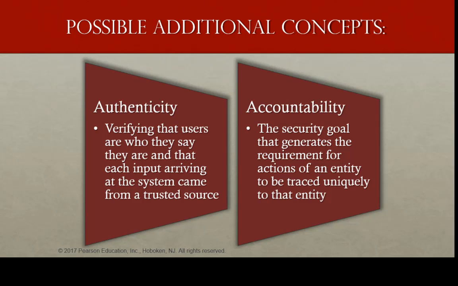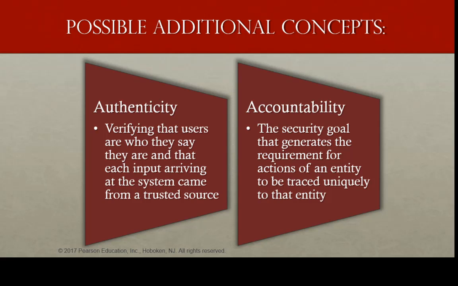Authenticity, which is being genuine and being able to be verified and trusted. Confidence in the validity of a transmission, a message, or a computer-based message originator. This means verifying that users are who they say they are and that each input arriving at a system came from a trusted source.